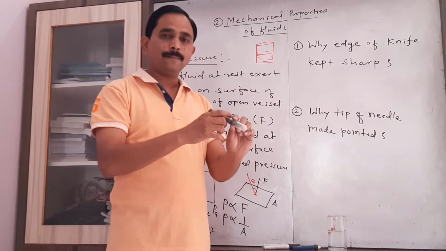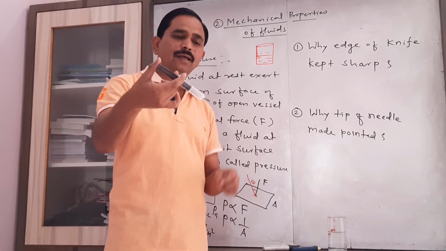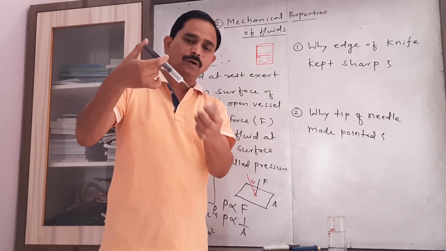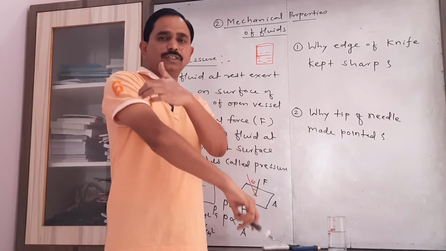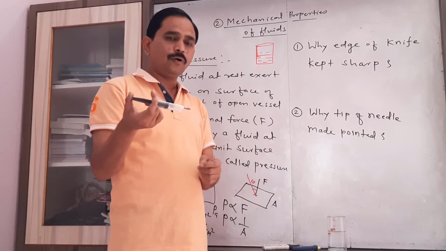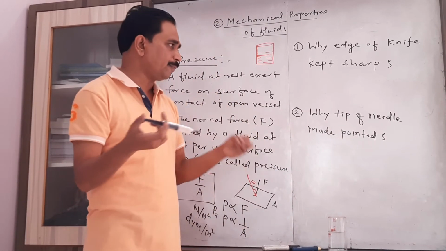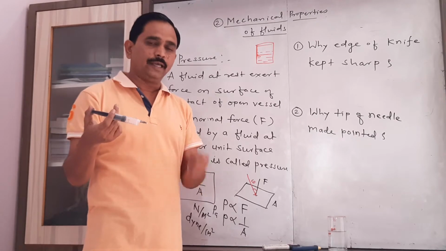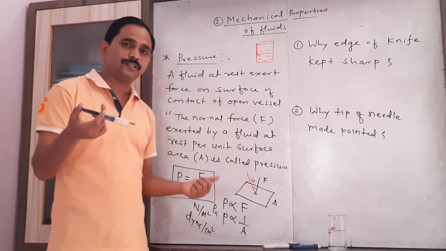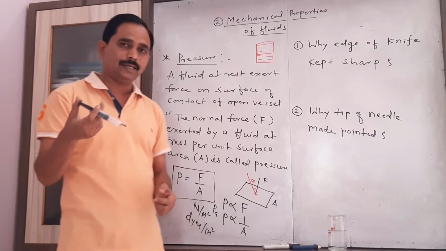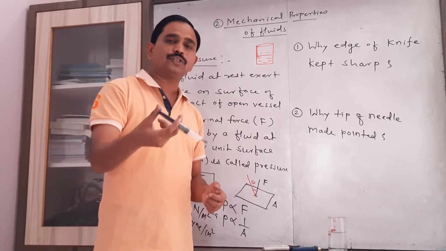Whatever force is applied with the finger should act on the surface area of the needle which is in contact with our body. If the tip of the needle is not pointed and is thick, then the area is greater, so less pressure will be exerted, and the doctor has to apply a larger force.